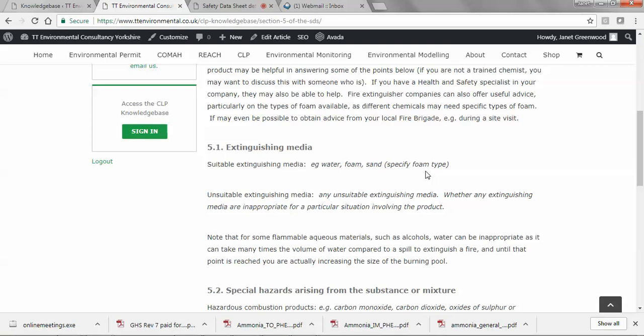So you can increase the size of a burning pool quite significantly and spread the fire that way. So for alcohol, quite often people will say you need ARAFF foam, which is alcohol resistant something forming foam. I can't remember what the AFF bit is, sorry.